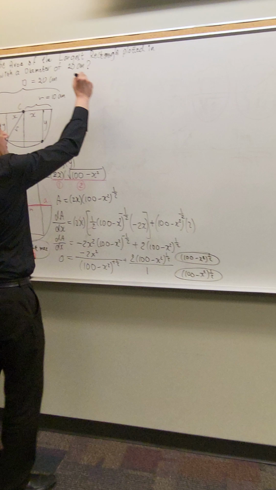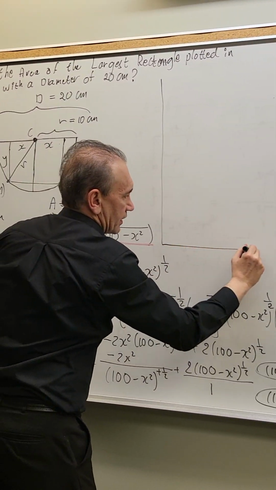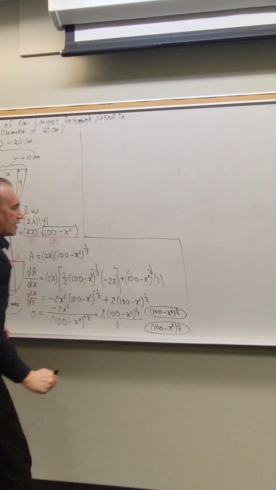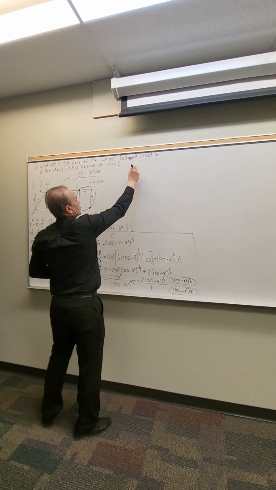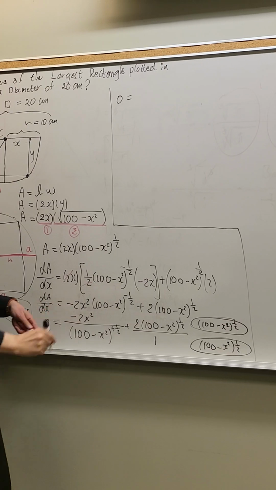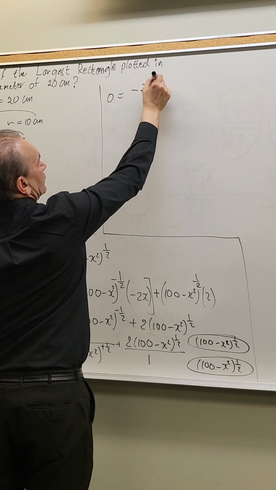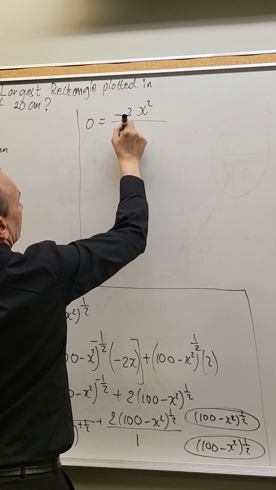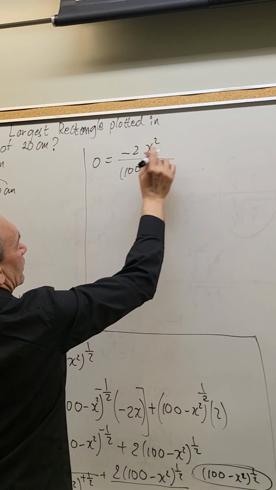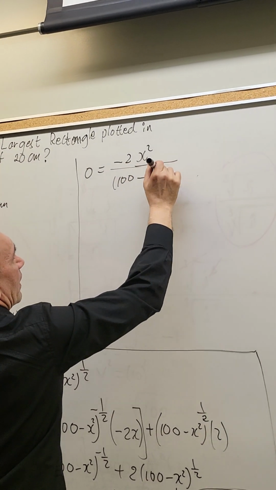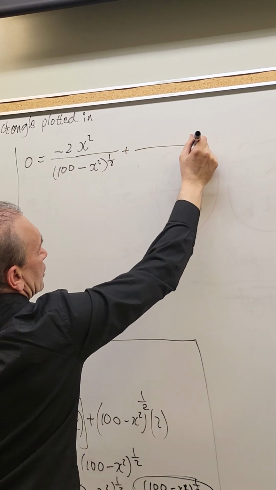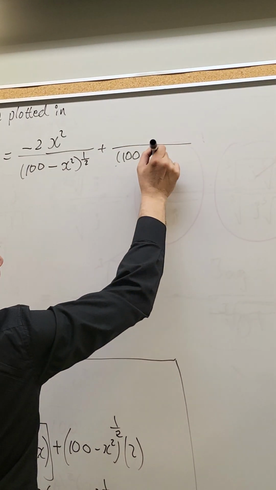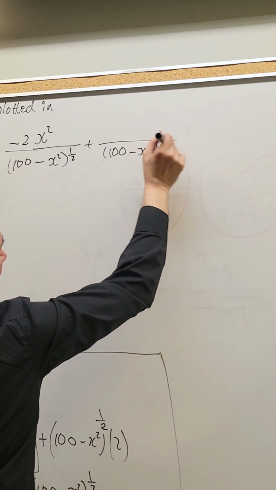After that, I will come to this place here now. Let's take advantage of the area left on the board. So I'm going to say that 0 is equal to, now I will keep this as it is, negative 2x squared over (100 minus x squared) to the power of 1/2, plus also the denominator is (100 minus x squared) to the power of 1/2.